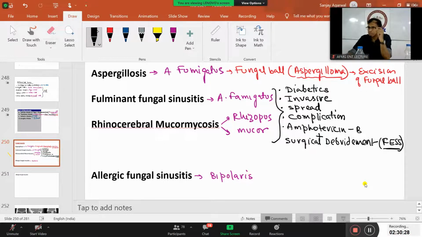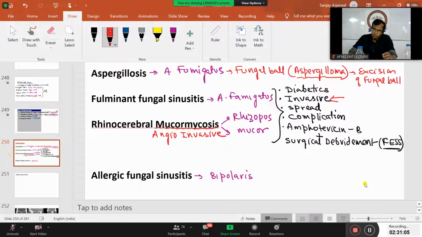Now, there's something very special about mucormycosis. Mucormycosis is also same: diabetes, invasive, spreads, complications, surgical debridement. But it is angio-invasive. It is invasive, yes, but it is angio-invasive. What is the meaning of that? It invades the blood vessels. खून के अंदर घुस जाता है, arteries के अंदर.